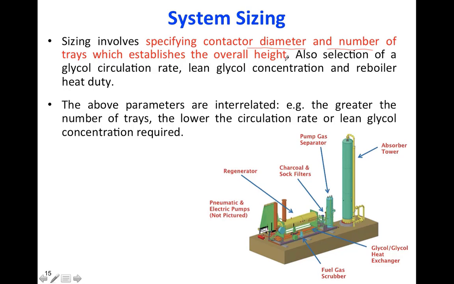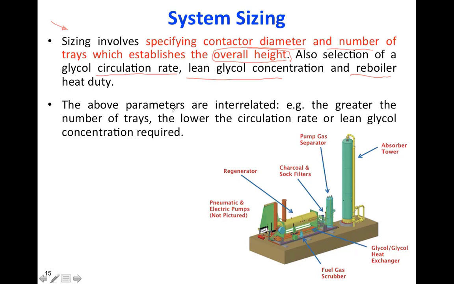The number of trays will define the overall height of the column. Also the glycol circulation rate, the lean concentration, and reboiler heat duty. Those are the important sizing parameters that we need to consider when we are designing such a system.